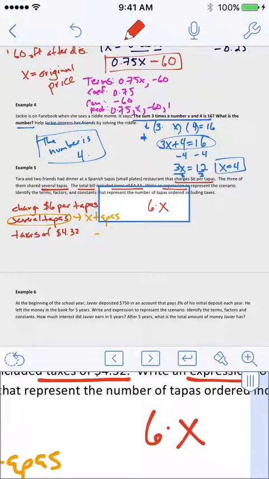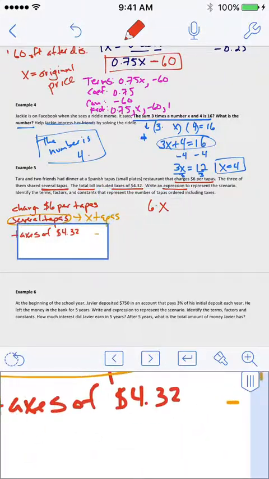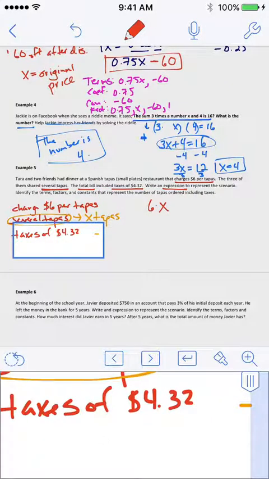So I can use little numbers to see what's going on, and then I can plug in for X. So if they eat X tapas, it's going to be X times 6, pardon me, I said $60 per tapas, that's expensive. So $6 per however many they ate, right? It tells me it's 6 times X, because X is the number they ate. And then I can tack on the tax, right?